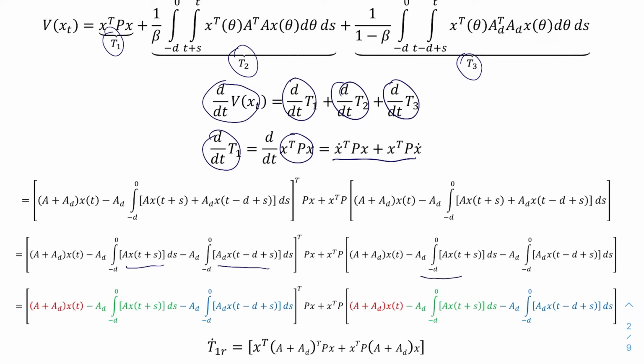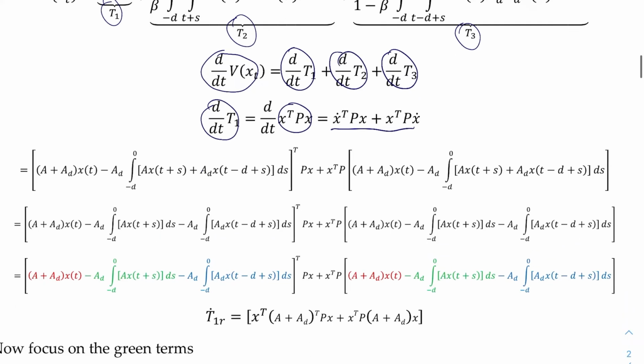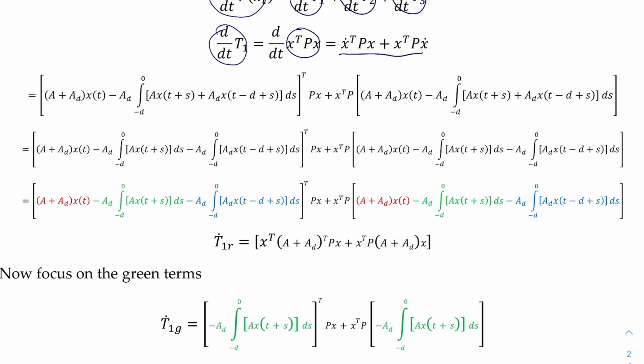Here the same thing. These are symmetric. And now I label the terms to make things a lot easier, and I called them the red, green, and blue terms.